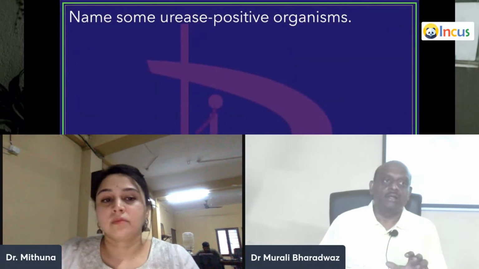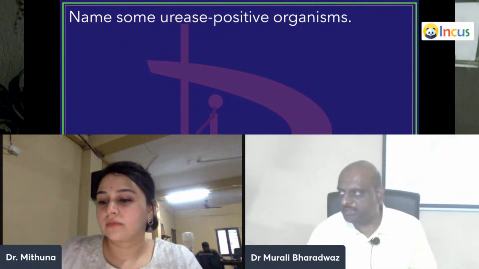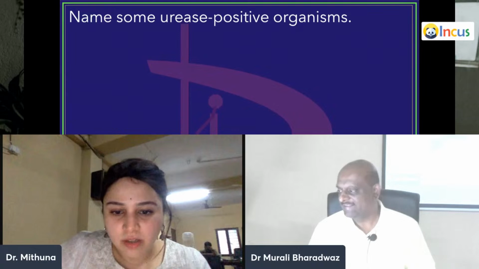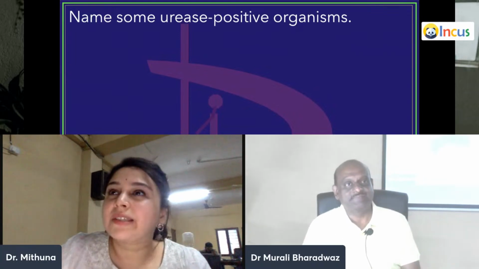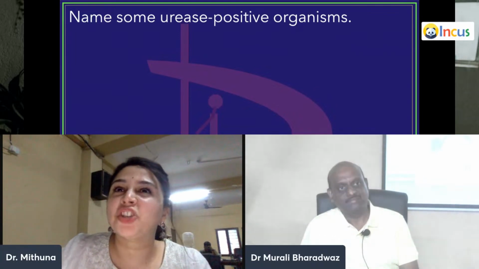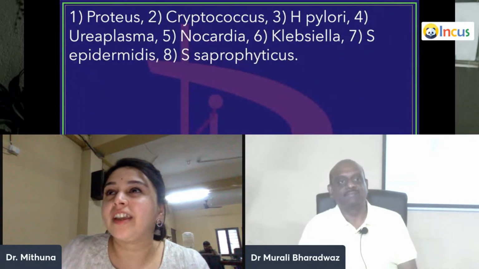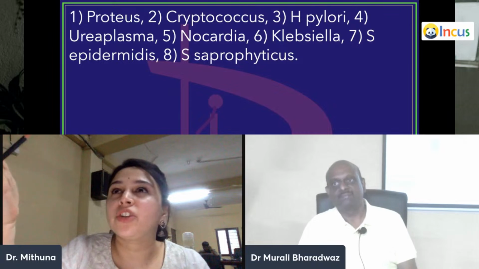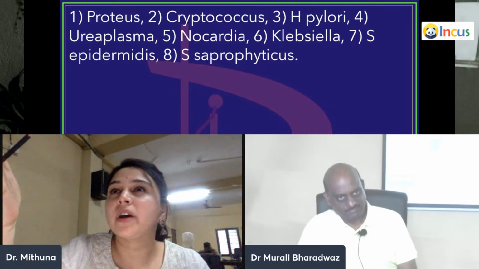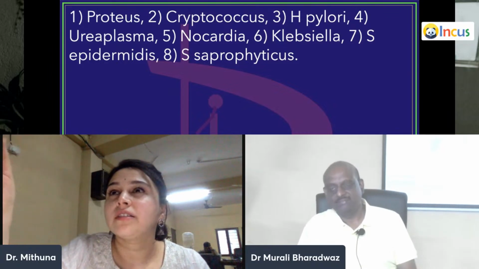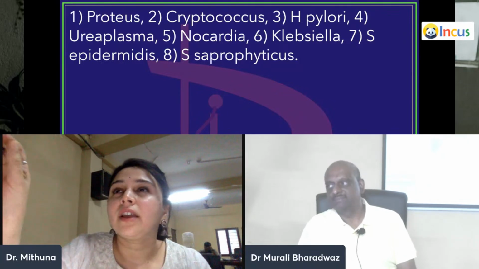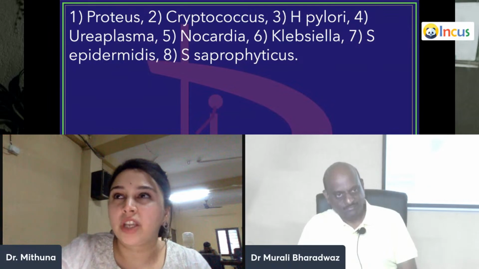Now, tell me some urease positive organisms. Fatafat, doctor. The best way to remember this is Punchkiss. So P is Proteus, U is Ureaplasma, N is Nocardia, C is Cryptococcus, H is Helicobacter pylori, and then Ki is Klebsiella.